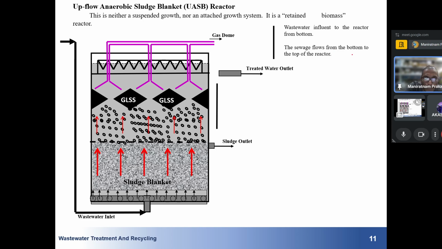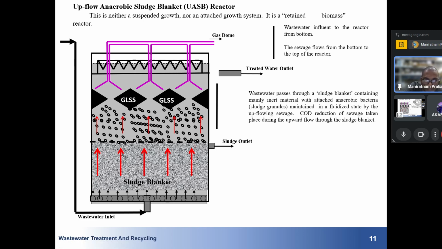The sewage flows from bottom to top, and this wastewater contains a high amount of organic matter. The wastewater passes through a sludge blanket containing mainly inert material with attached anaerobic bacteria. So there will be some inert material, and anaerobic bacteria attach to it, maintained in a fluidized state by the upflowing sewage.